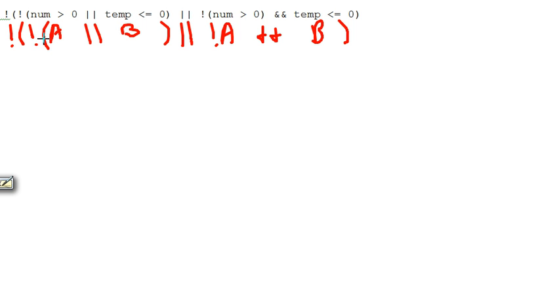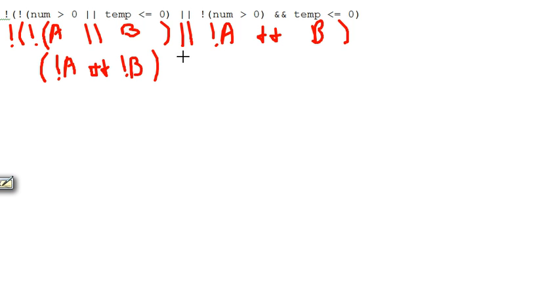I'm going to apply De Morgan's law to this not that's in front of this set of parentheses. The or changes to an and, and this not then distributes to the a and the b. Keep this set of parentheses there in order to preserve the order of operations that may be necessary.